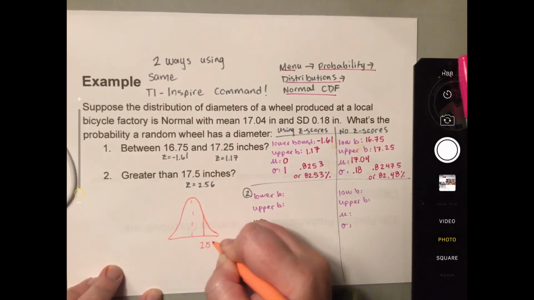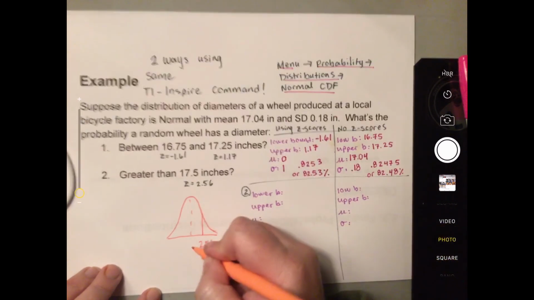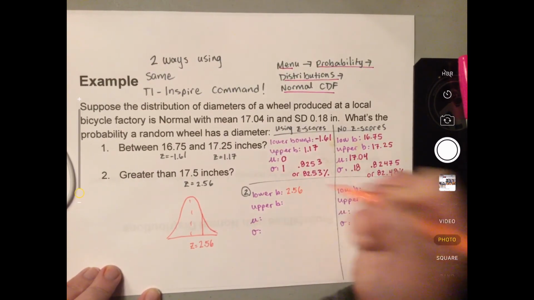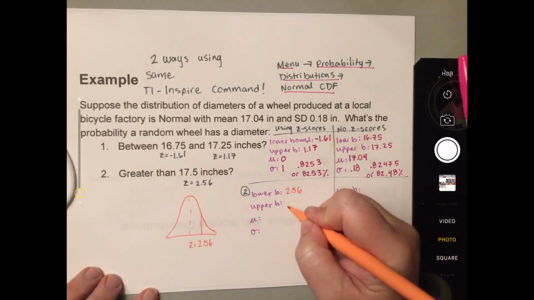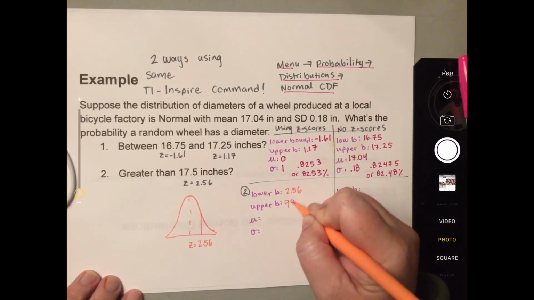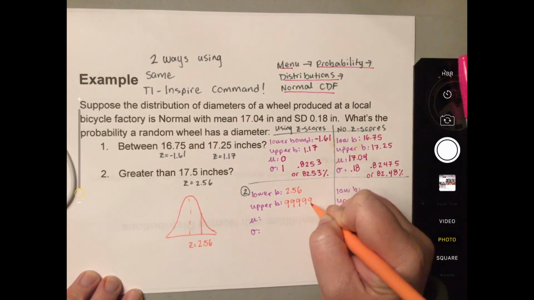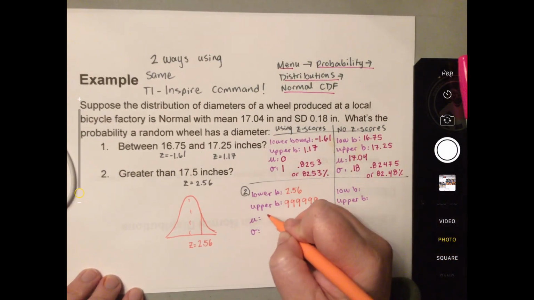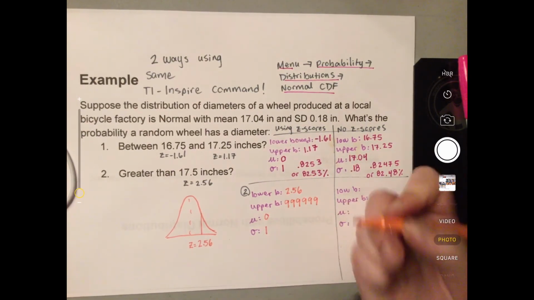So 2.56 would be your lower bound, and your upper bound would be a very big number. Let's just call it 999,999. I like to write six nines. Mu, because we already standardized this, is 0, and sigma is 1.